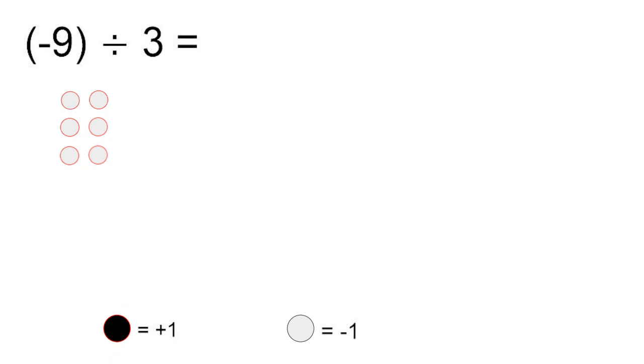Okay, so we have negative 9, and we want to show that we are dividing that into groups of 3.